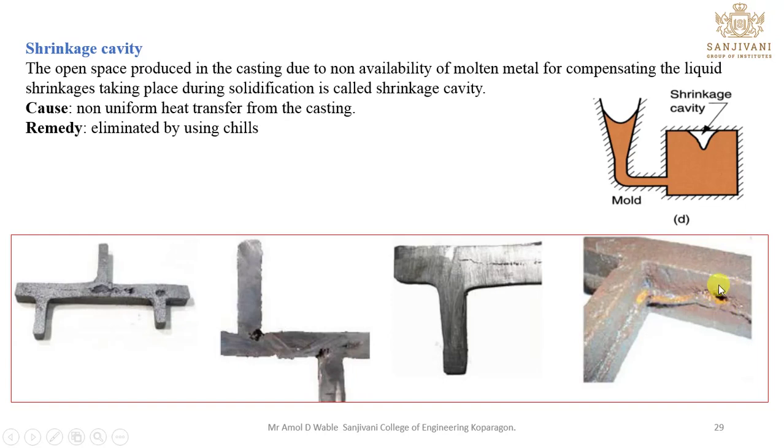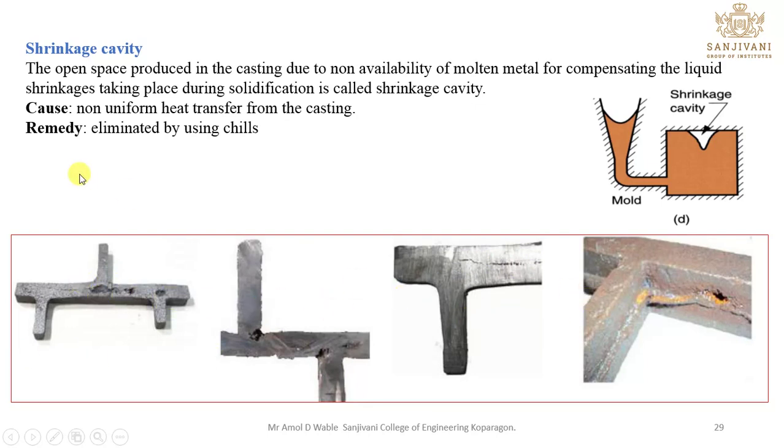Here in this component it will be present here, as the material is shrinking outward, a cavity will be generated here. Even at this joint, a shrinkage cavity is present, over here also, and here. So this is an actual component example.